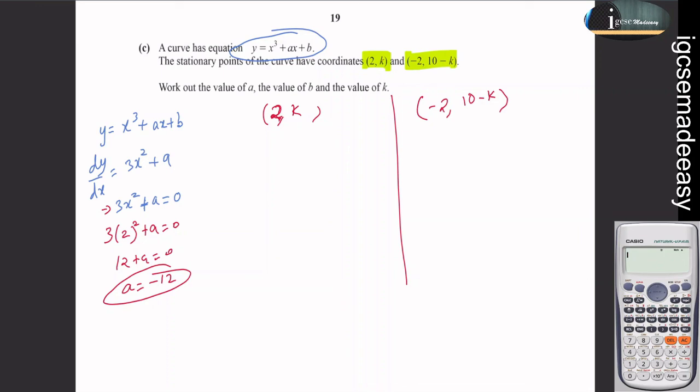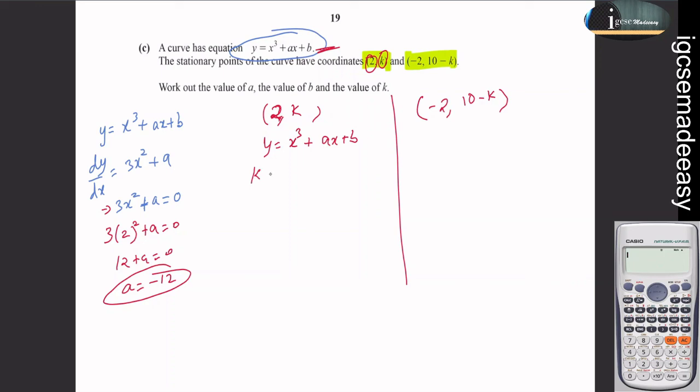Then also, in this equation, that is y equals to x cube plus ax plus b, if I put the value of y as k and x as 2, right?